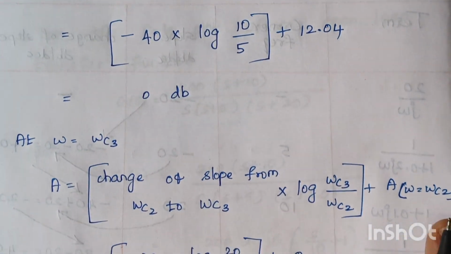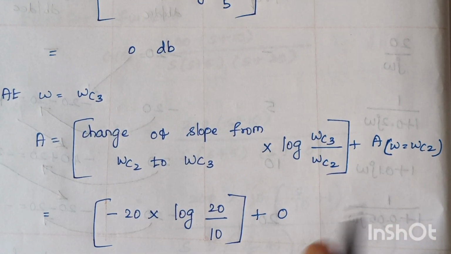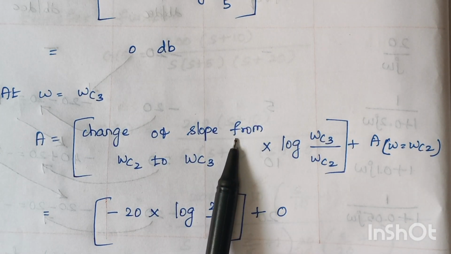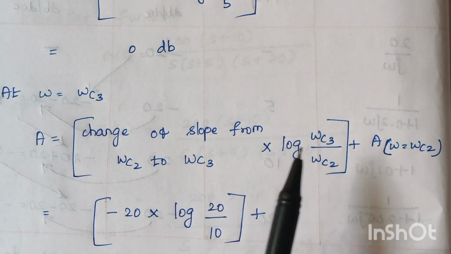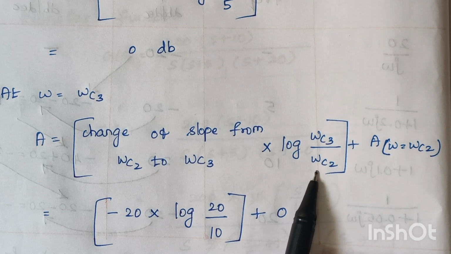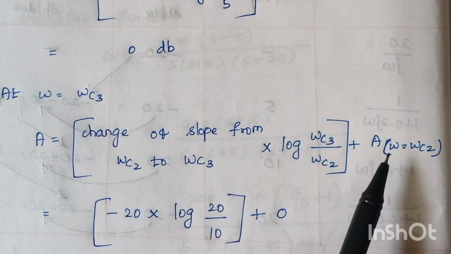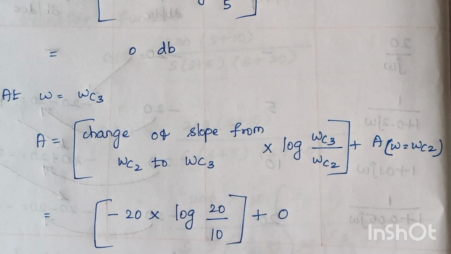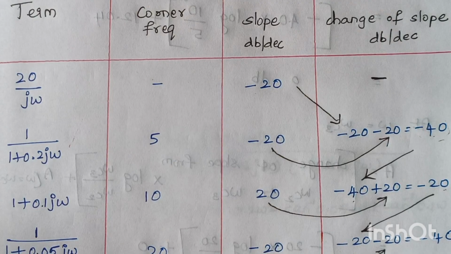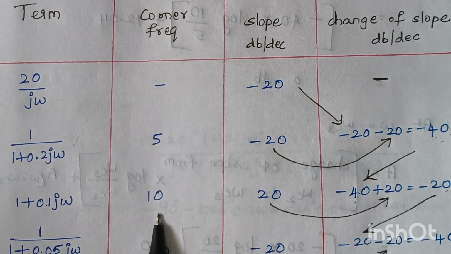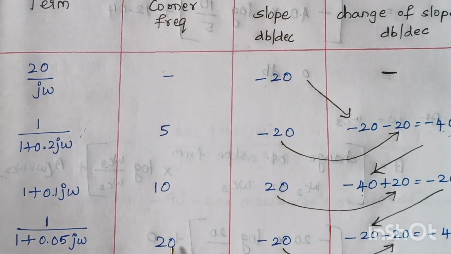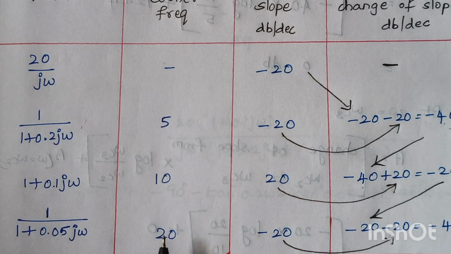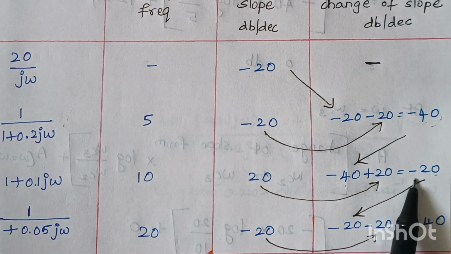Now we are moving to the next corner frequency. So here the formula is again change of slope from omega C2 to omega C3 into log of omega C3 by omega C2 plus the value of A when omega equal to omega C2, right? So for change of slope, again we have to look back at our table. This is our omega C2, right? And this is our omega C3. So from omega C2 to omega C3, what is the change of slope? It is minus 20.